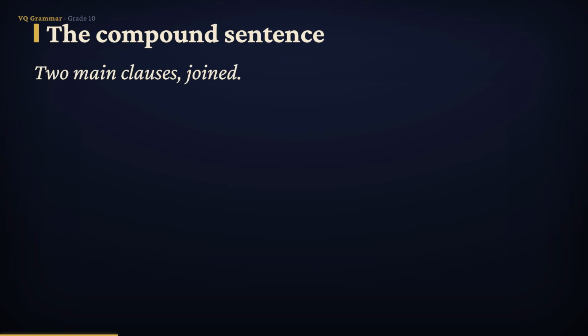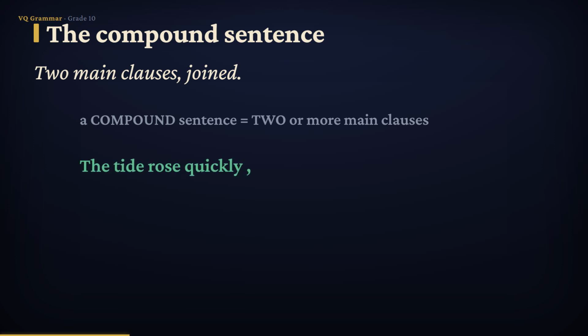Now the second shape, the compound sentence. A compound sentence has two or more main clauses. Watch this. Here is one complete sentence. The tide rose quickly. And here is another one. The gulls scattered. Each of those stands on its own two feet.